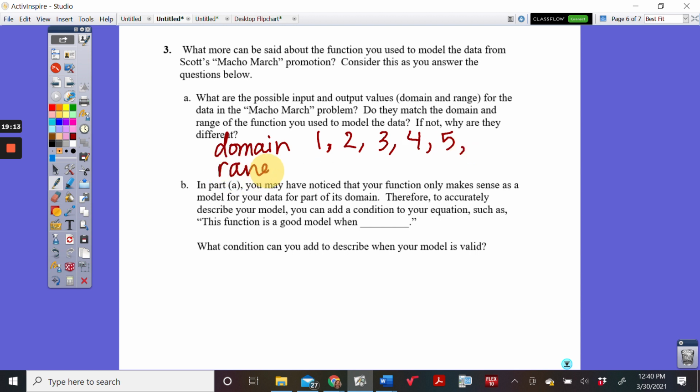The range, then, is the numbers we got, which was 3 total push-ups, then 8 total push-ups, then 16 total push-ups, then 24 total push-ups, and so on, right? So that's his domain and range.